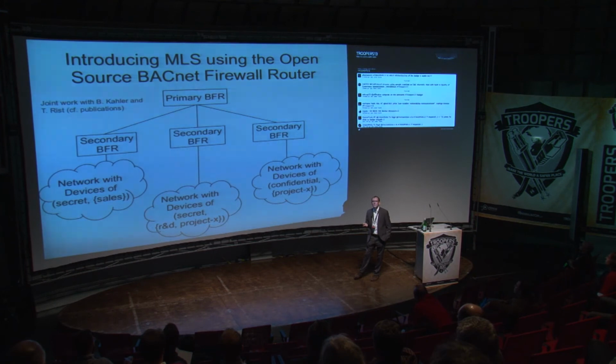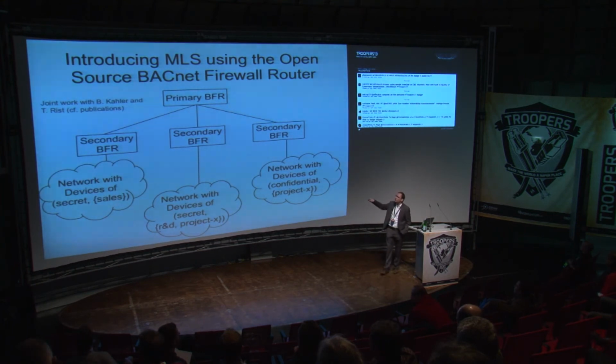And the idea is as follows. We split the BACnet environment into multi-level secure zones. So we, for instance, have an area at the secret level for sales, and confidential level for some research project or something like that.